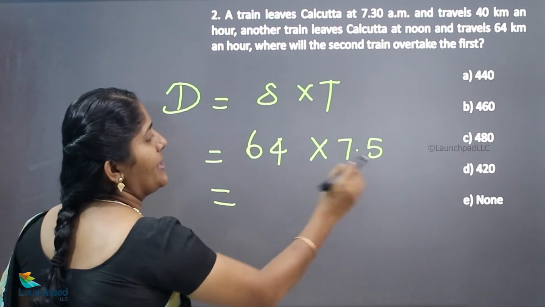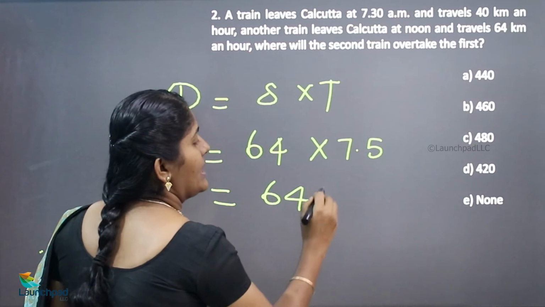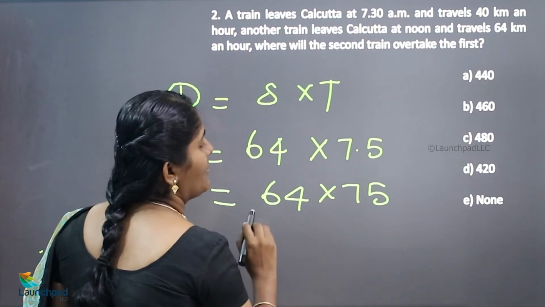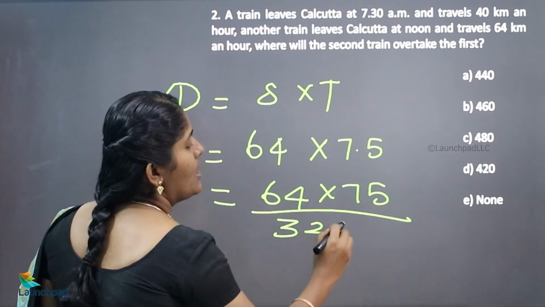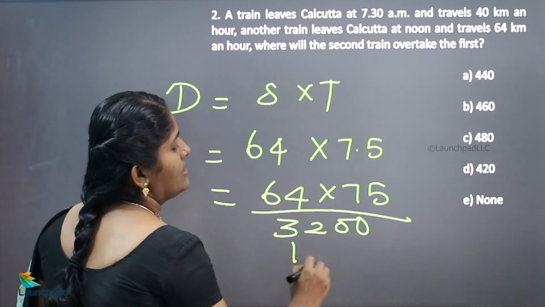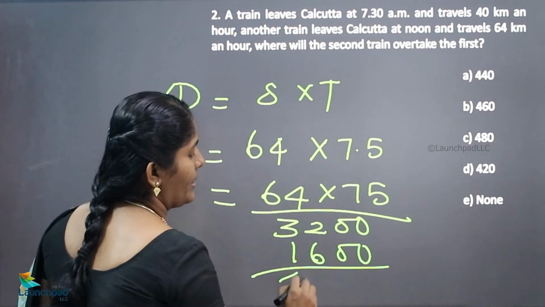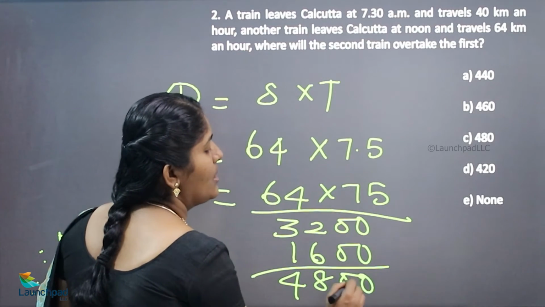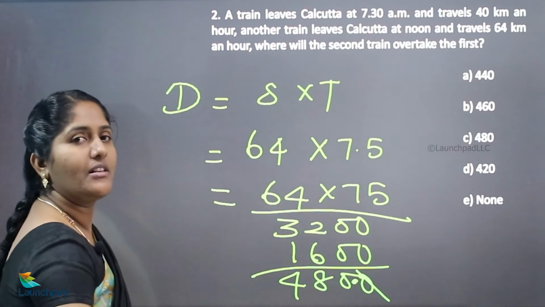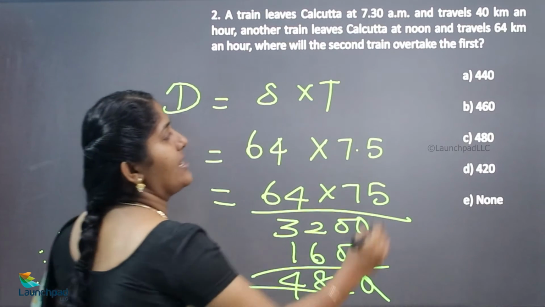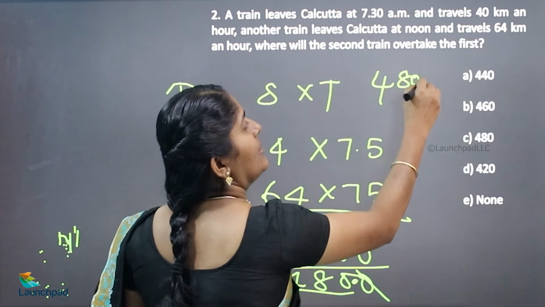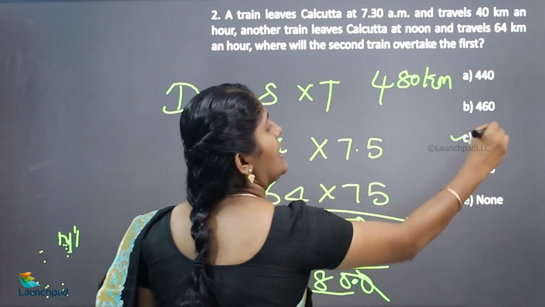So, 64 into 7.5, which gives 480 kilometer. The answer is 480 kilometer.